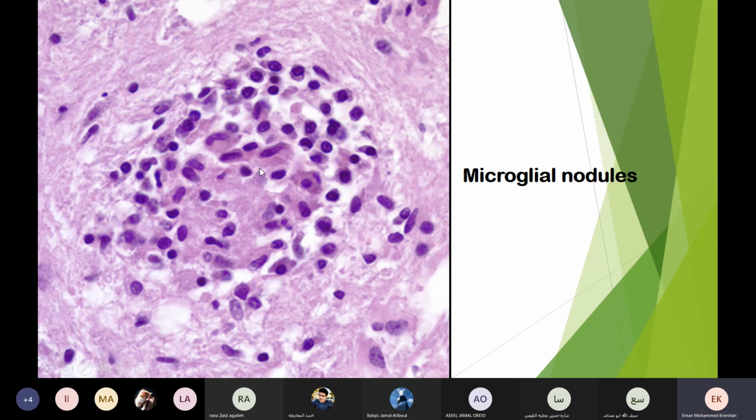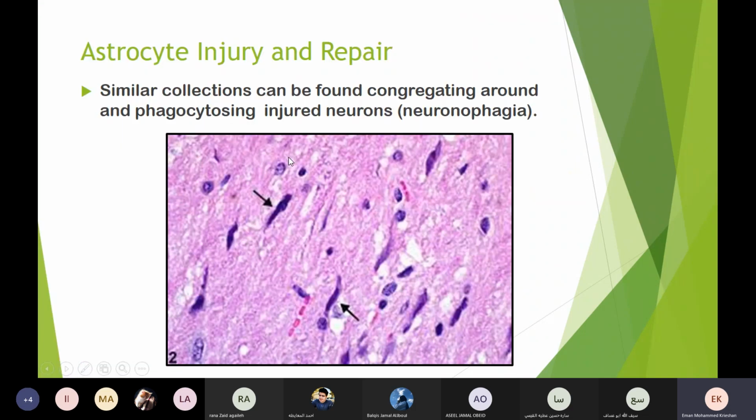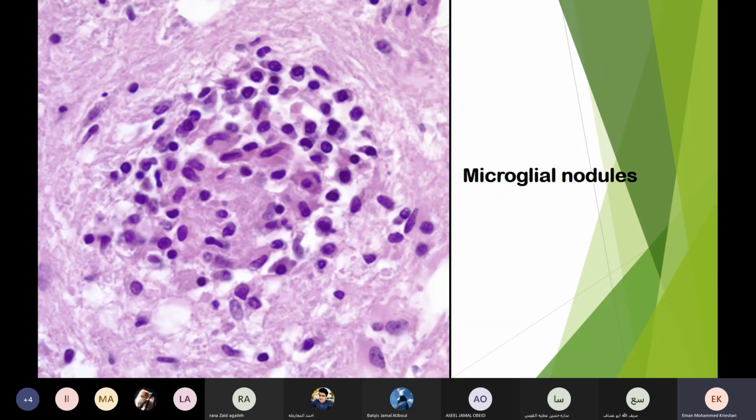As I told you, microglial cells are the phagocytes or macrophages of the CNS. They aggregate in areas of injury. This is called a microglial nodule. They come to repair the area of neuron injury, try to phagocytose the injured neuron, and repair the area with fibroblasts.